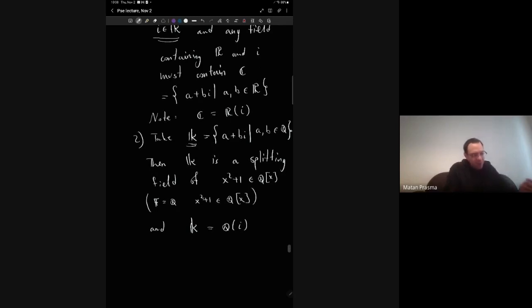So we have basically three ways to view this, right? You have Q of i. You have the splitting field of x squared plus 1 in Q[x].